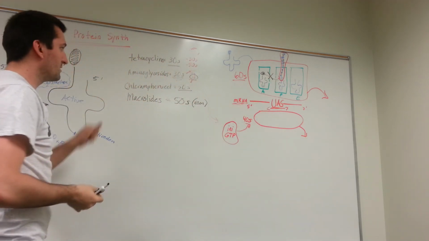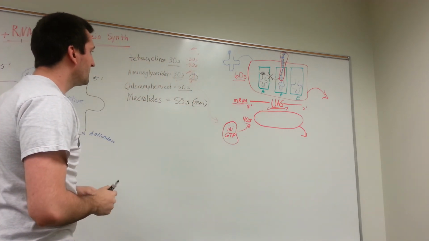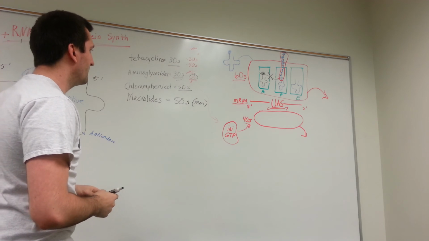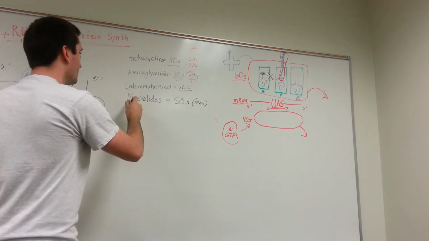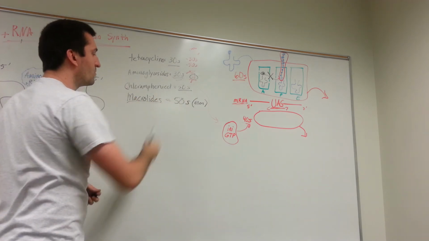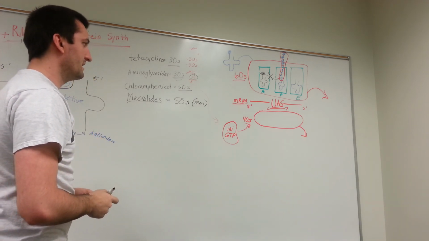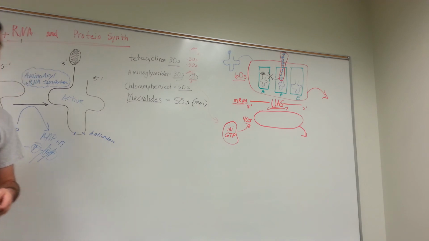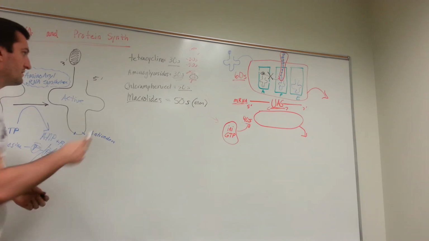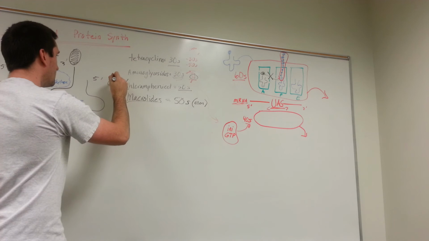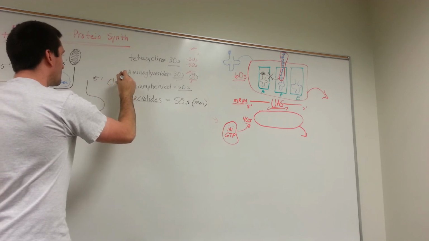So it has kind of a similar effect to the chloramphenicol antibiotic. Remember that we're not affecting humans, we're only affecting the bacteria. Then finally, we've got clindamycin, and that's also going to have a similar effect as chloramphenicol.